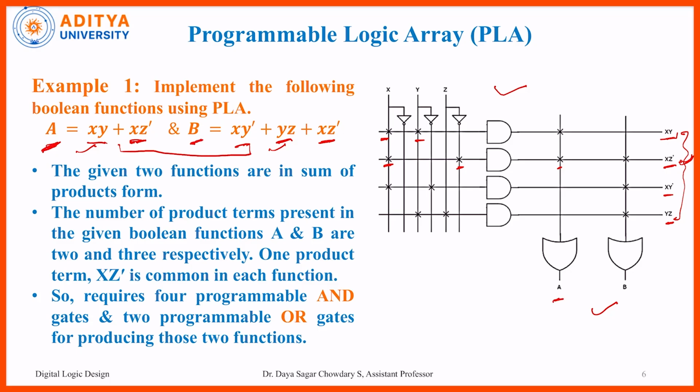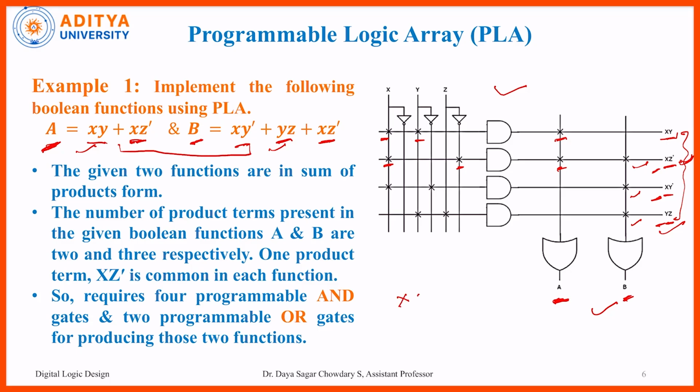At the output, our outputs are A and B. After giving the term inputs to the OR gate, we get the OR gate output. The inputs are these 2 terms, xy and xz bar, for A, and xy bar, yz and xz bar, these 3 terms, which we connect to this particular OR gate, and we get the output B. Most of the time we connect with the help of this cross mark.